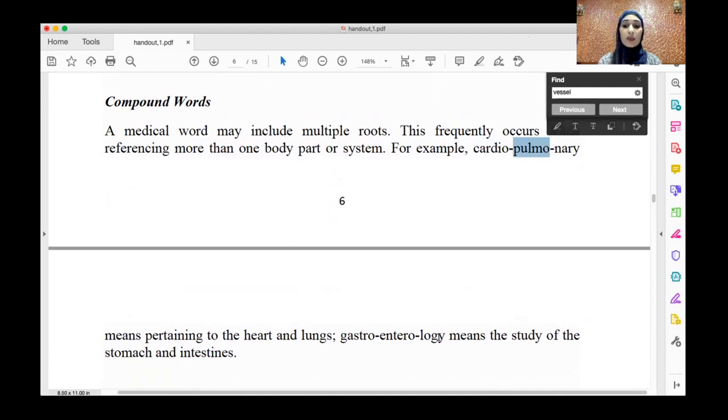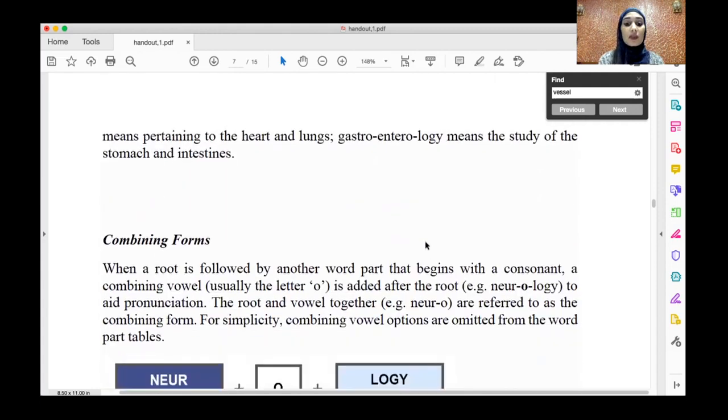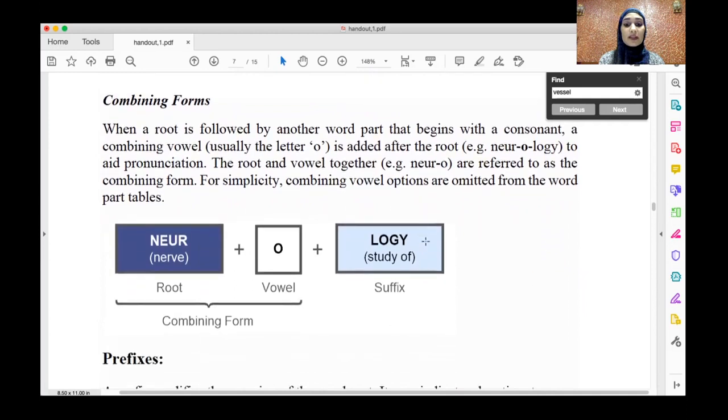We have, for example, gastroenterology. Gastroenterology means the study of the stomach and intestines. As we said, we combine the prefix, root, and suffix most of the time by using the vowel O, like, for example, neurology.